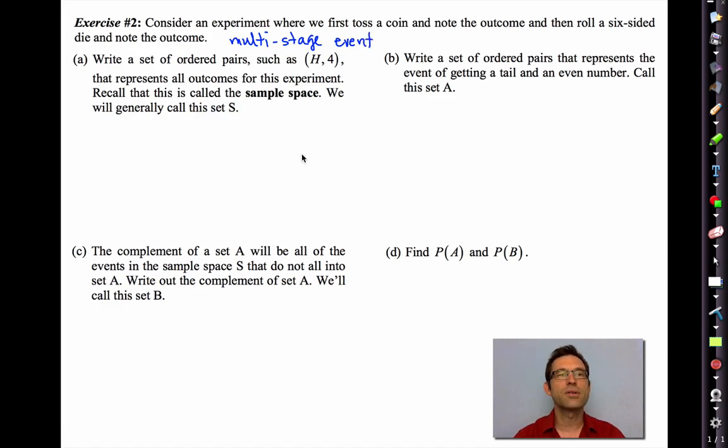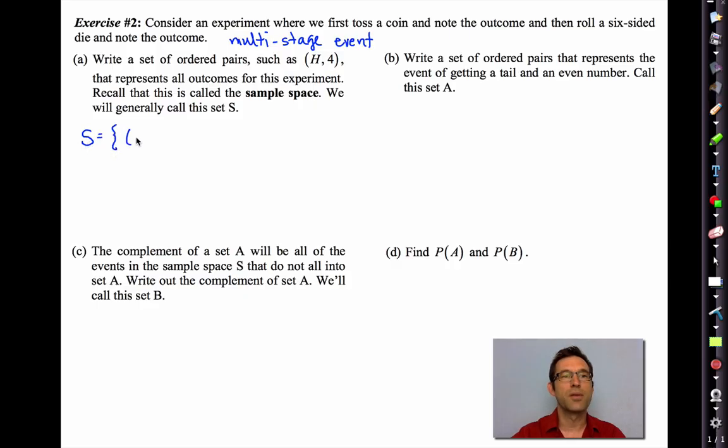Letter A says write out a set of ordered pairs, such as 8, 4, that represents all outcomes for this experiment. In other words, we want a set where the elements, well-defined criteria, are the outcomes to this experiment. And we're going to call this S, the sample space.